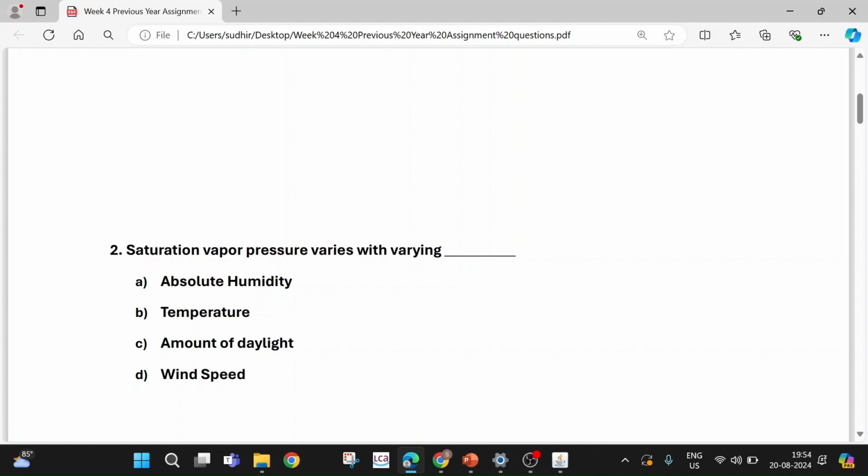All the temperatures or all the pressures are listed, and based on that you can see the other properties of the water. That's why it is called a steam table.